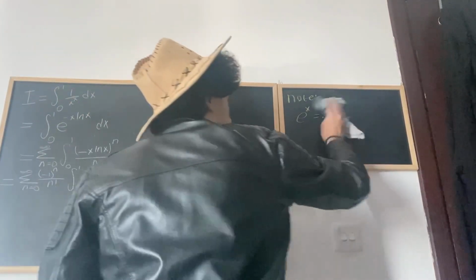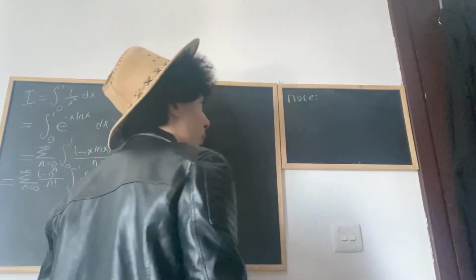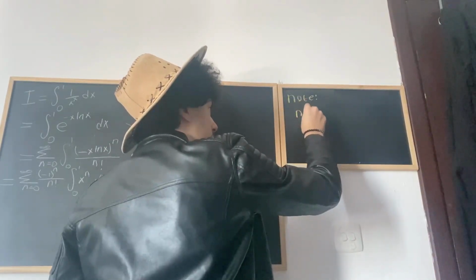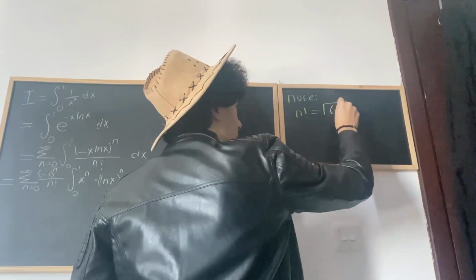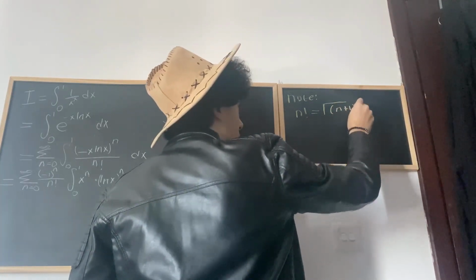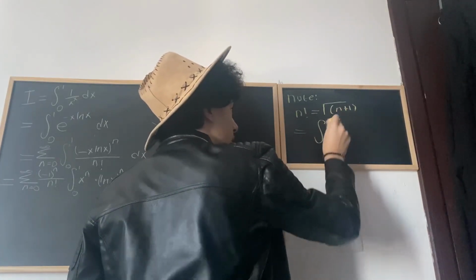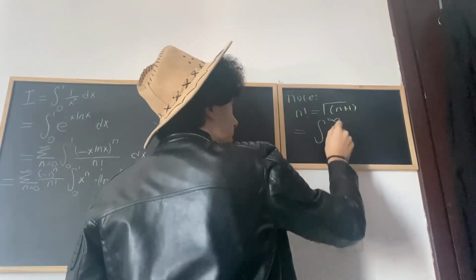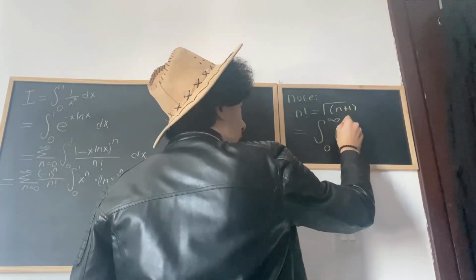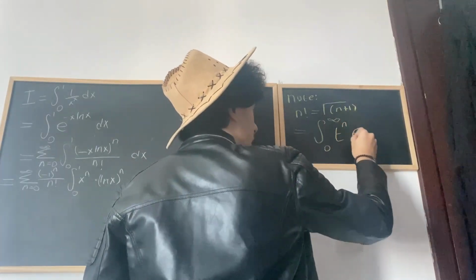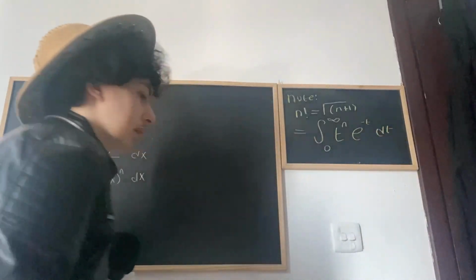So let's go back to the small board over here. Let's keep that note because we're about to make a new note. Now we know that n factorial is equal to the gamma function of n plus 1, and this is equal to the integral from 0 to infinity of, let's say, t to the power of n multiplied by e to the power of negative t dt, where t is just a normal variable.